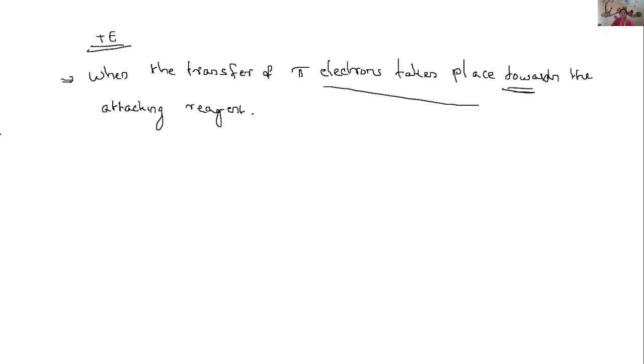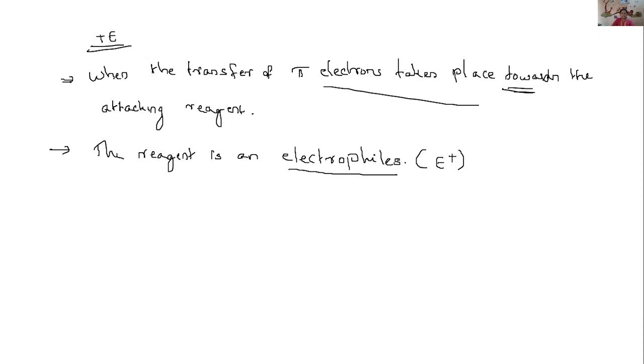And here the attacking reagent is an electrophile. You know the two types of reagents we discussed in the first module, electrophiles and nucleophiles. Electrophile means electron loving species, which are electron deficient. If we are using electrophilic reagents, then it is called plus E effect.